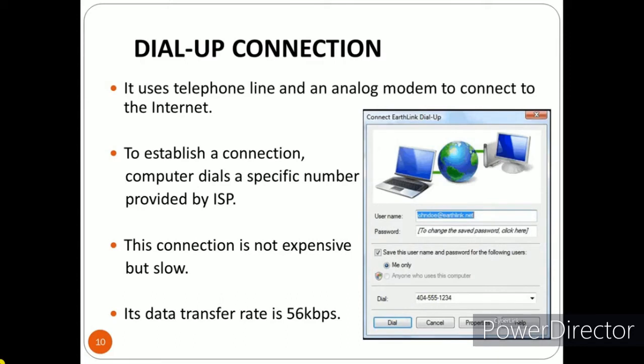To establish a connection, a computer dials a specific number provided by the ISP. As you can see here, a number is required. This connection is not expensive but slow. It means this connection is comparatively cheaper, but it is slow in working. The data transfer rate will be 56 kbps. Fine, that's why it is slow.